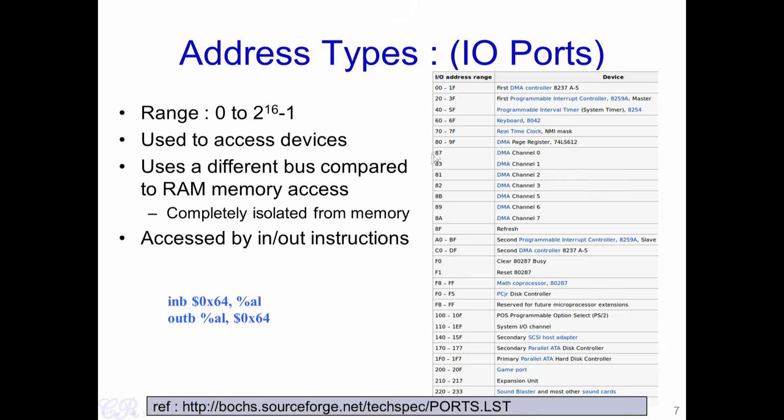Similarly, it would expect other things like the programmable interrupt controller to be present from the I/O addresses 20 to 3F. Essentially, what is maintained even in the modern systems is the backward compatibility to the old computers that were used.